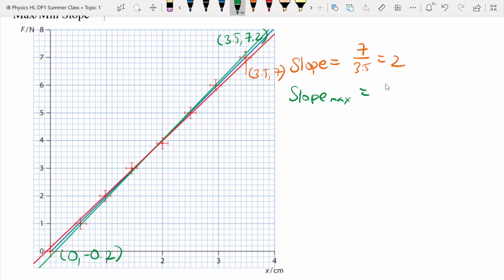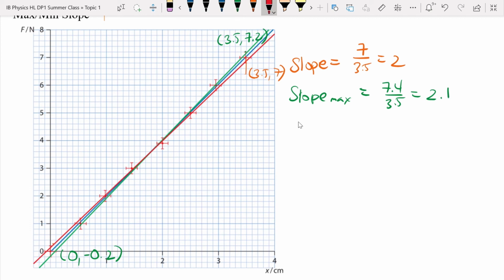So now it's going to be 7.4 divided by 3.5, right? What is this? Using a calculator? Yeah, 2.1-ish, right?